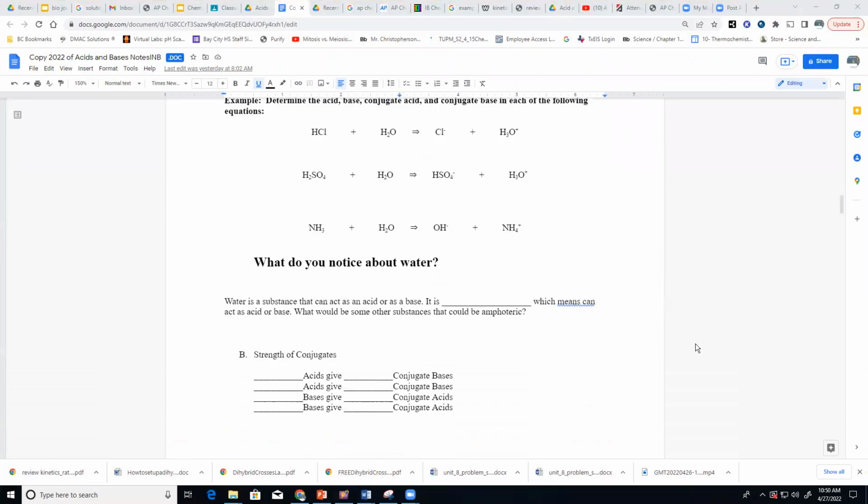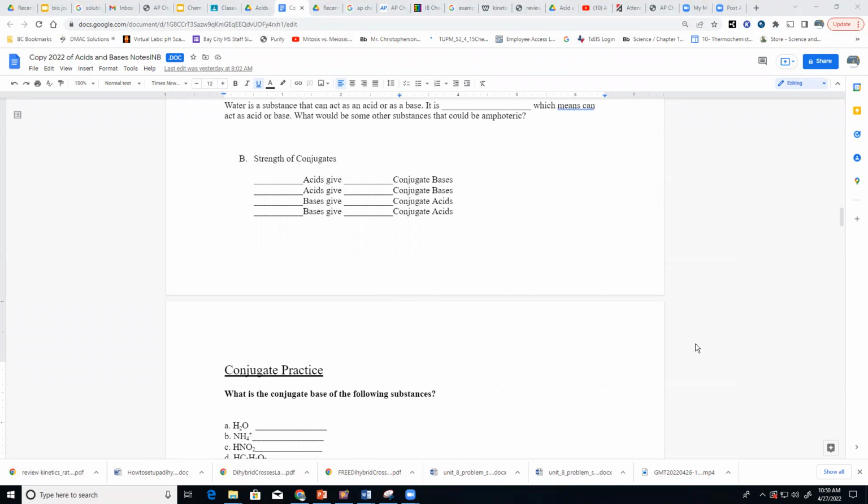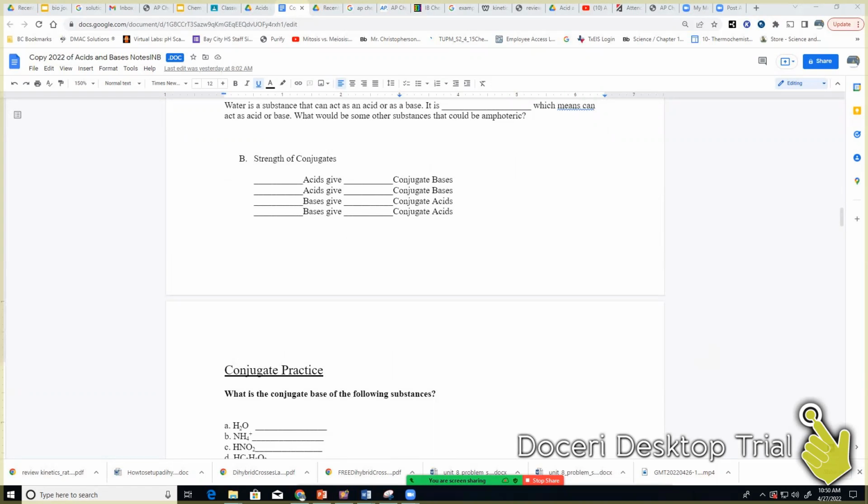All right. So speaking of conjugates, how do they change? Because with acids and bases, we talk a lot about strong acids and weak acids. So if I start off with a strong acid, and remember when we talk about acids or bases, if something is strong, then it ionizes. It doesn't exist as the intact compound. It exists as the ions. So if I have a strong acid, it will have a weaker conjugate base.